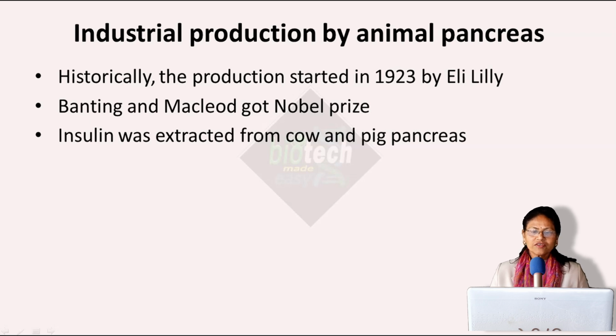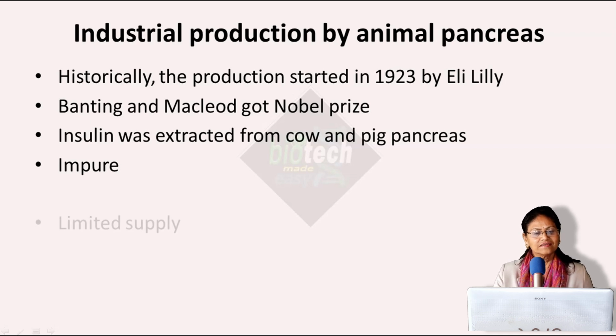Historically, insulin was extracted from the pancreas of cows and pigs. That means many cows and pigs were slaughtered to get the pancreas. And the extracted insulin was not very pure. Only after the isoelectric precipitation technique came was the purification a little better.